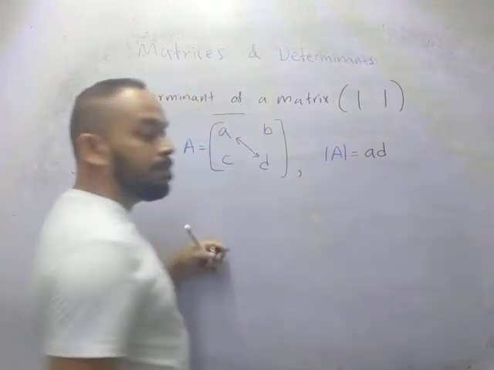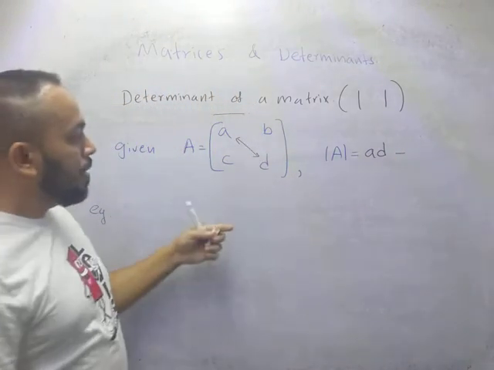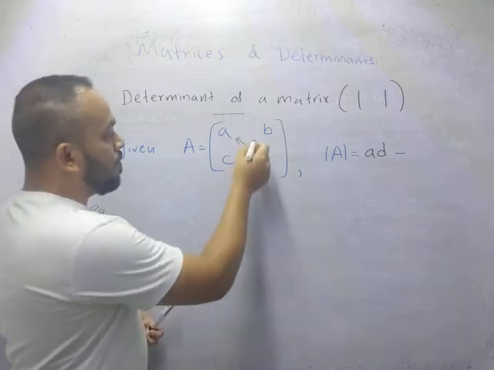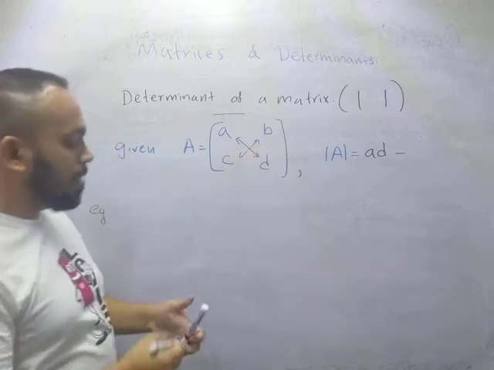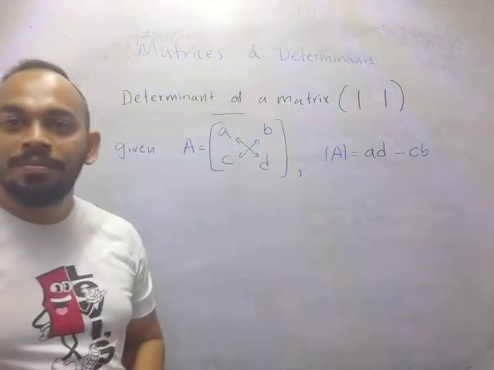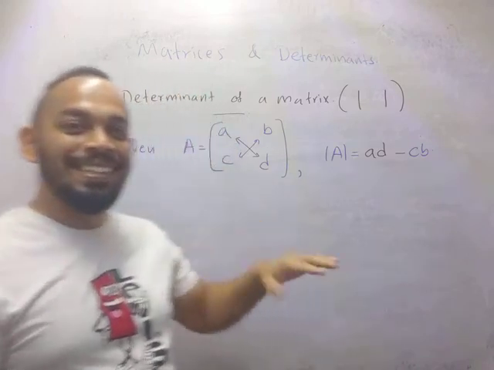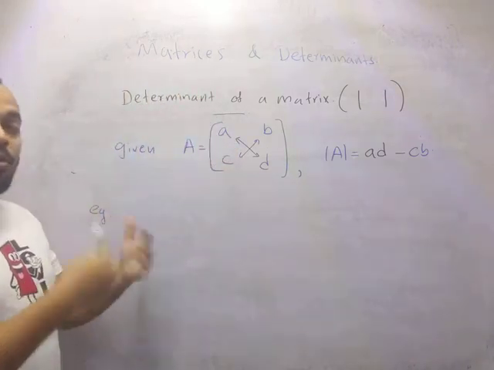Then put a minus sign. Then multiply these two, c and b. That's it. That's how we find the determinant.